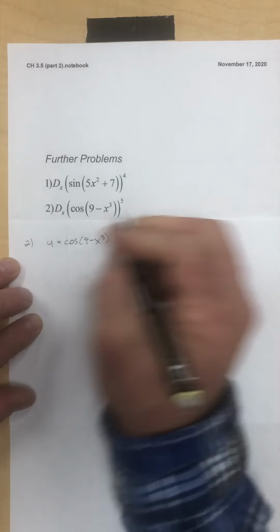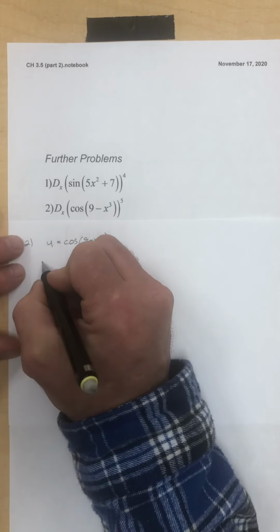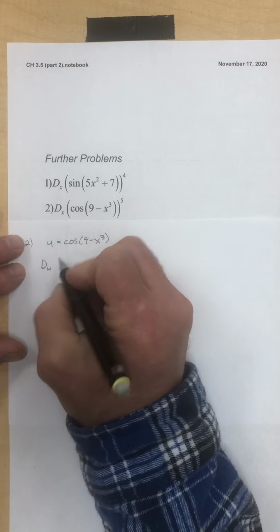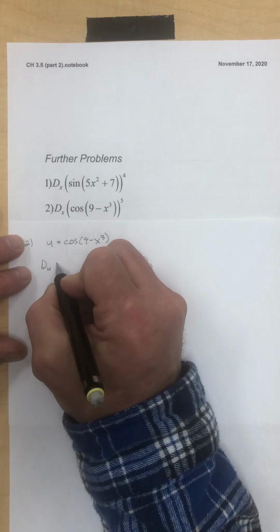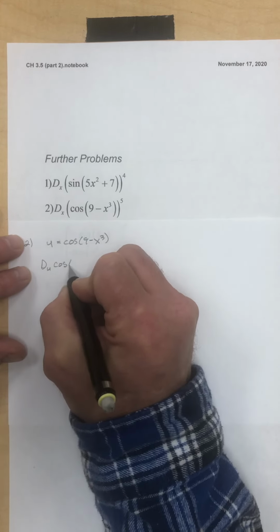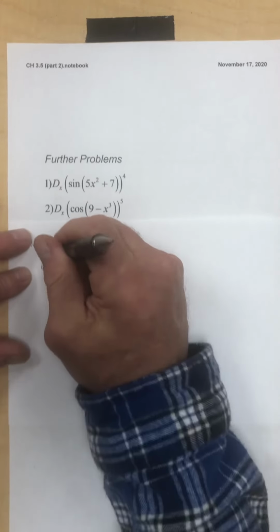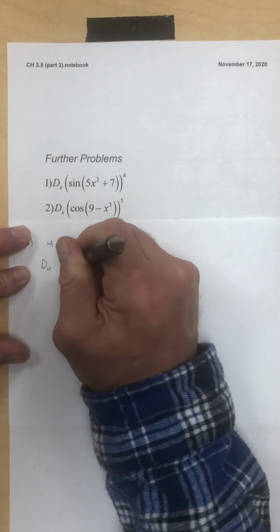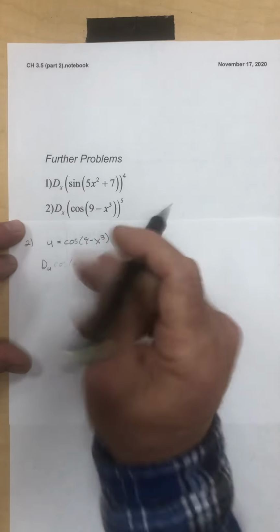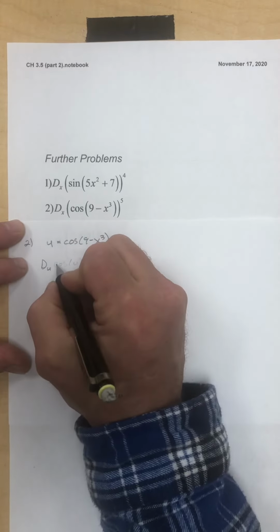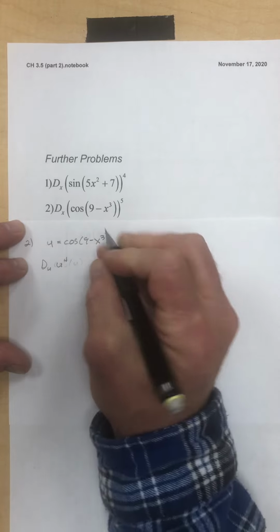When I look at this derivative, that would be cosine of u. No, I'm sorry, I take that back. It wouldn't be cosine of u, it'd be just u, because this whole thing is u. My fault. U to the fourth, I'm sorry, to the fifth.